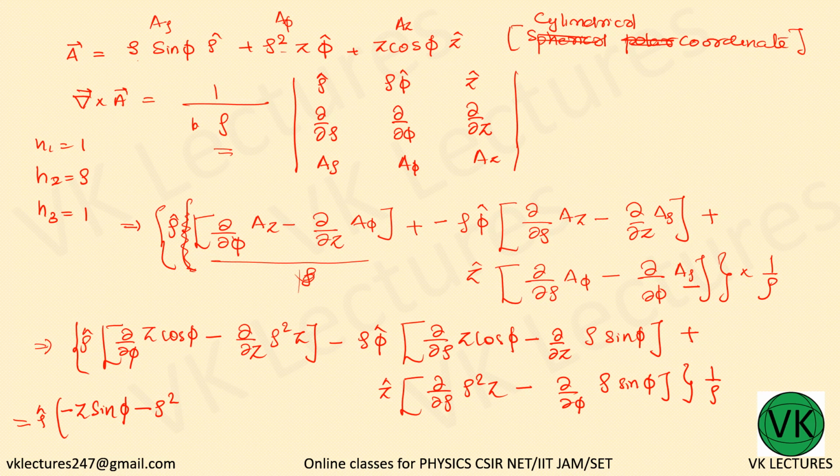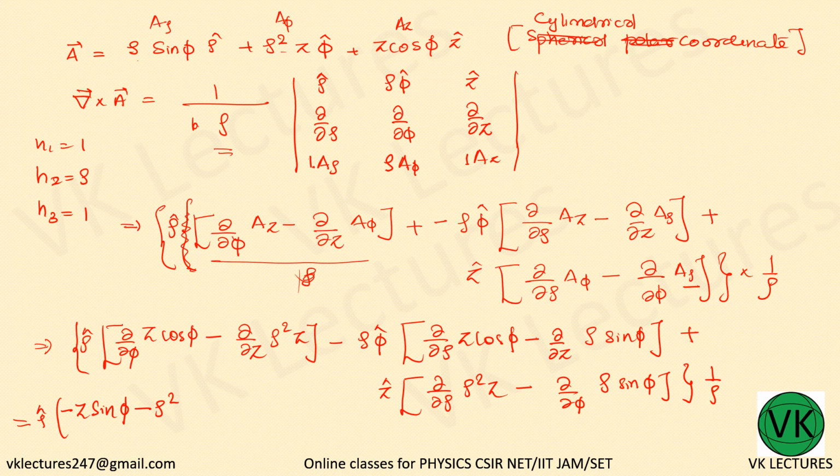This is h1, so that is 1. Here you have to multiply by rho, h1 into A1, h2 into A2, h3 into A3. I hope you remember that.